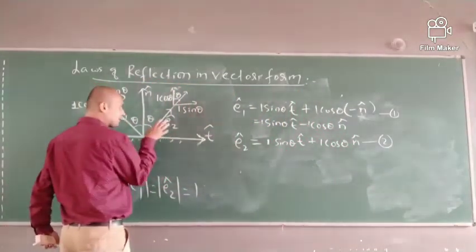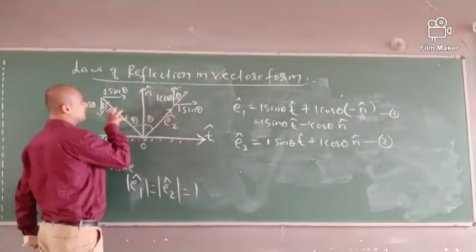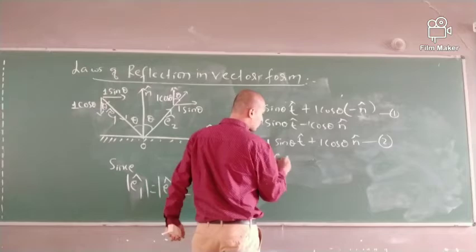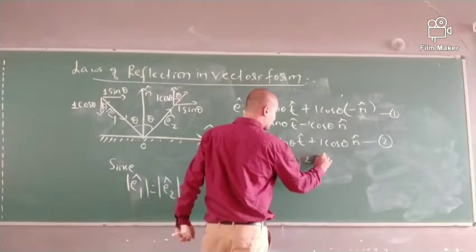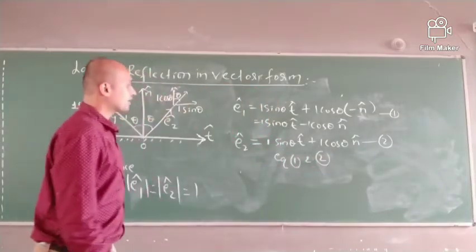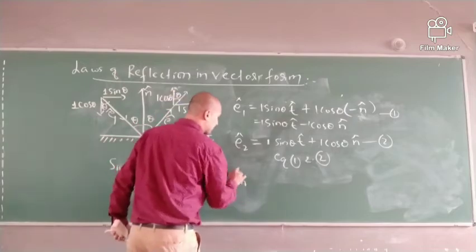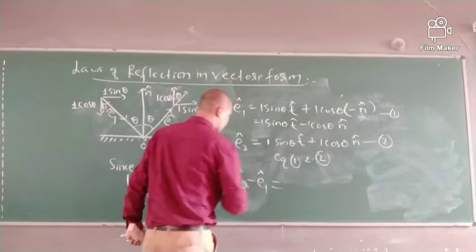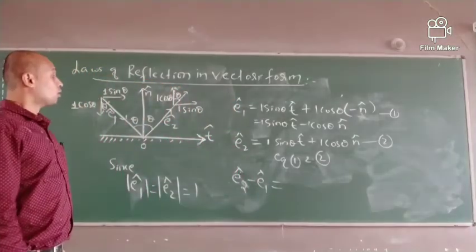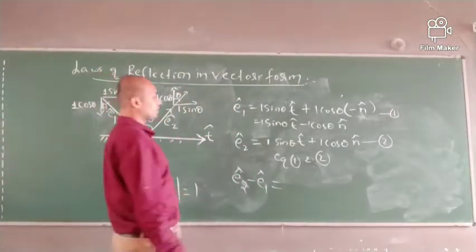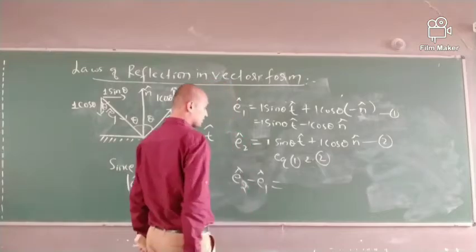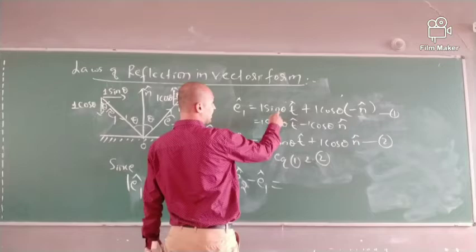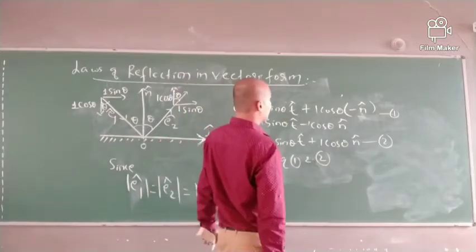I am finding the relation between the direction of reflected ray and incident ray. Now from equation 1 and 2, I can write E2 vector minus E1 vector. What will I get? Let us see. If I just subtract them, the sin theta T cap terms are going to get cancelled.